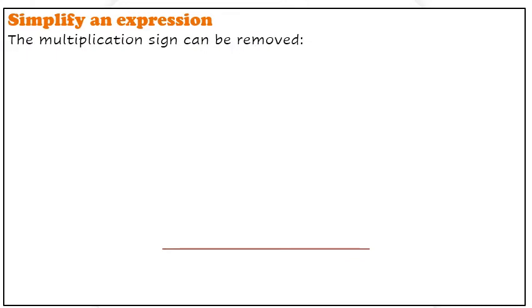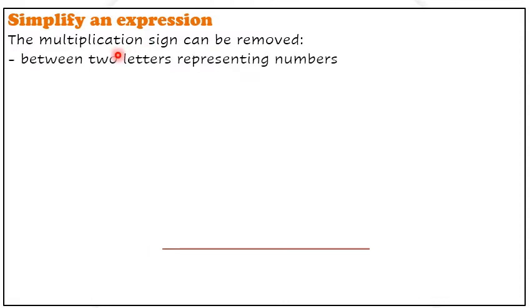Now, how to simplify an expression? The easiest way is to start by removing the multiplication sign, in which cases? Between two letters representing numbers. For example, if I have A times B between two letters, I can remove the sign, so I can write it directly AB.